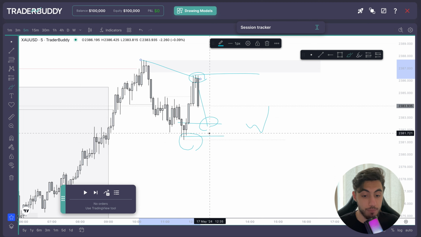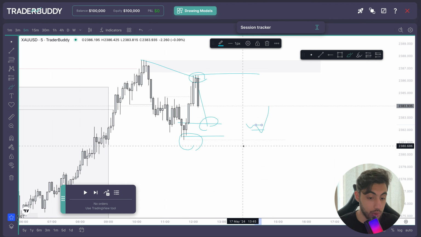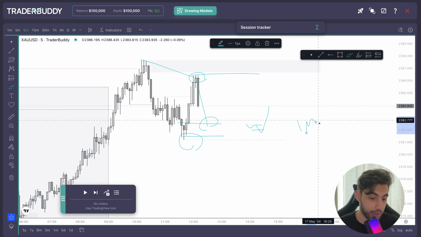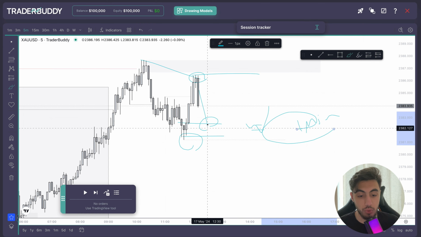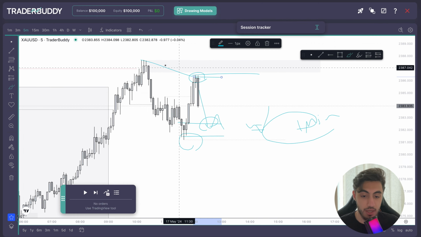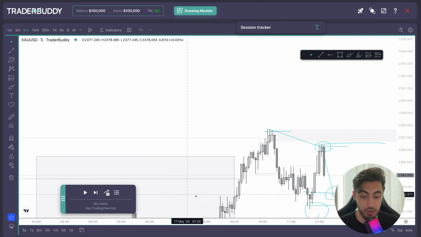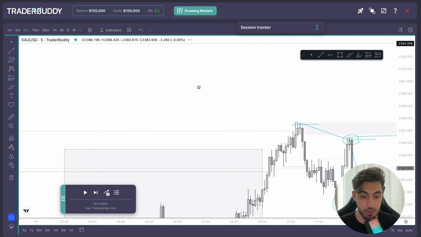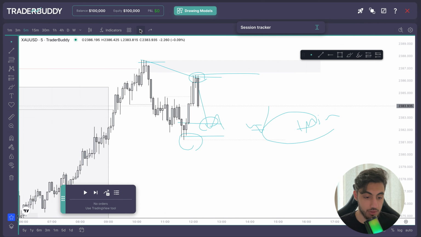Who knows? So in this area, if price creates a strong low here in the 1 minute time frame, we can look for an entry targeting this high and this high here, and also the external range liquidity, right? So we can target both, but it's completely up to your trading style.